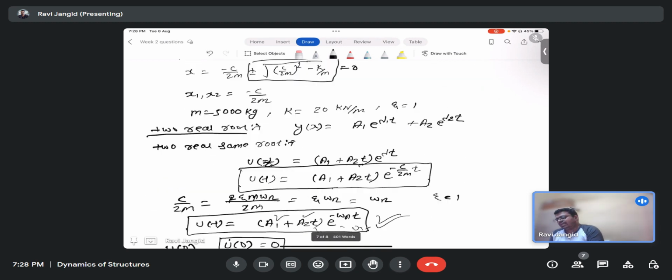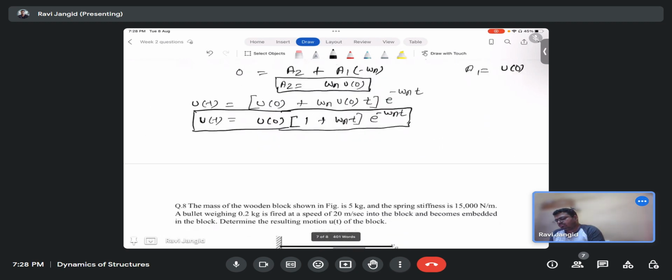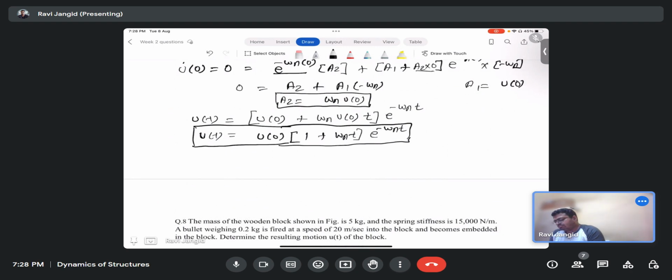Okay, so let us suppose at some time t equal to t1, my u(t1) should be equal to u naught divided by 2.